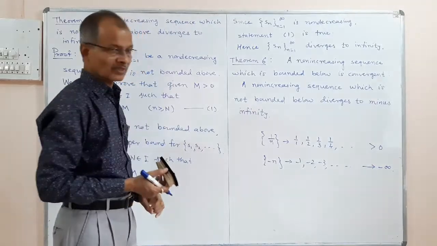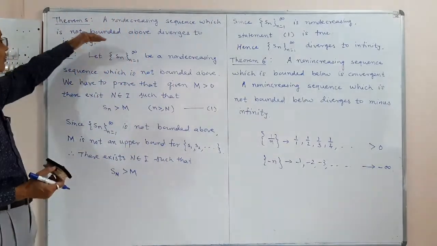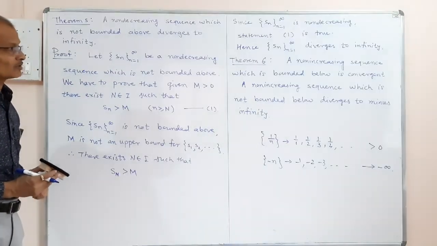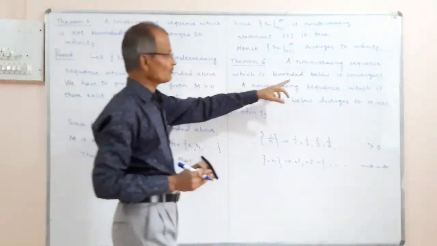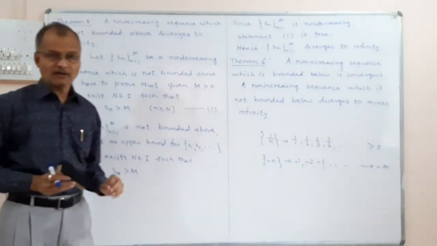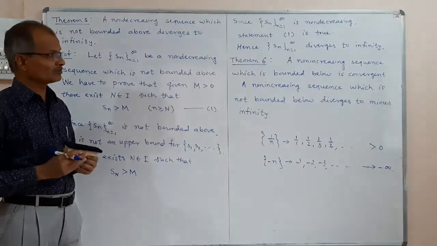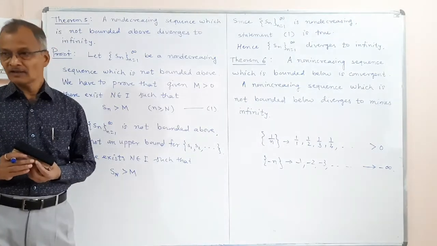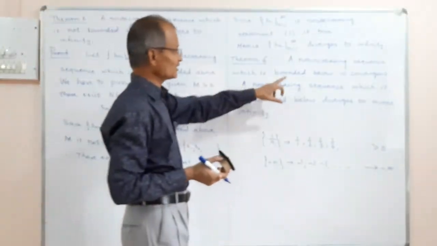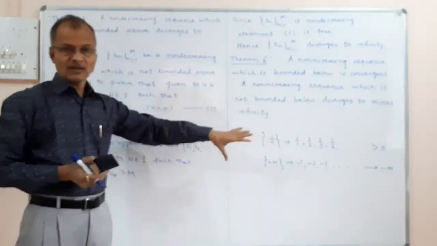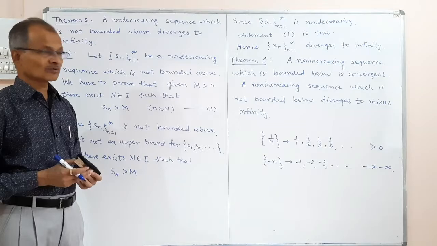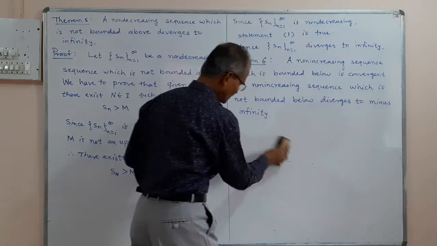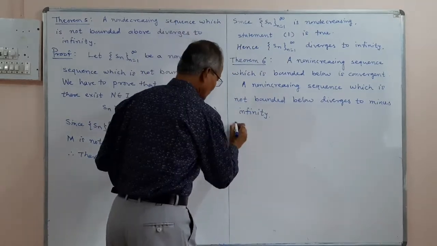Now the proof of the theorem is similar to the proof of theorems 4 and 5, and you should write the proof of this theorem. So what is the change? Bounded above is replaced by bounded below, and for proving the theorem for a sequence which is non-decreasing and bounded above, we considered the upper bound and least upper bound. So instead of upper bound and least upper bound, here we have to consider lower bound and greatest lower bound. So that is the change. You should write the proof; this is for homework.